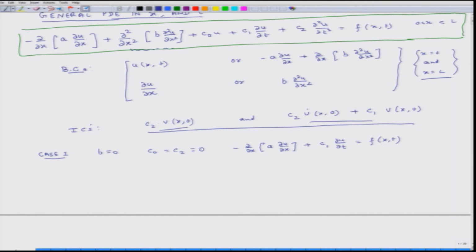And this equation represents heat conduction where it is not a steady state situation, but also the temperature varies with time.